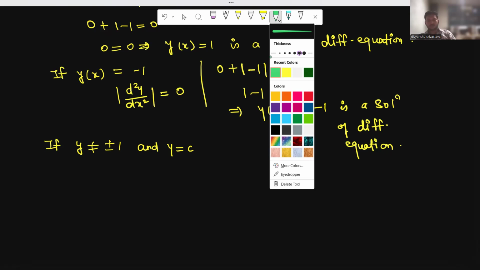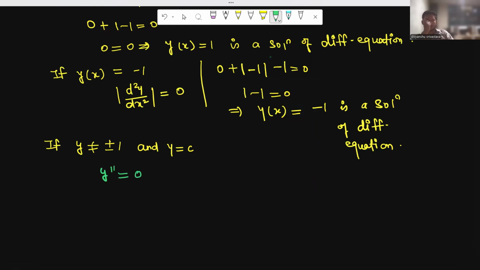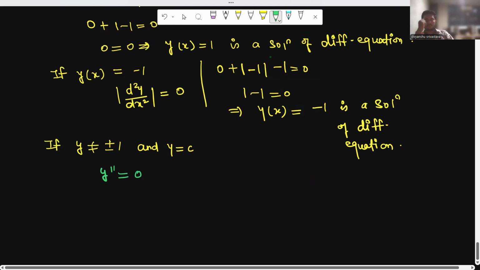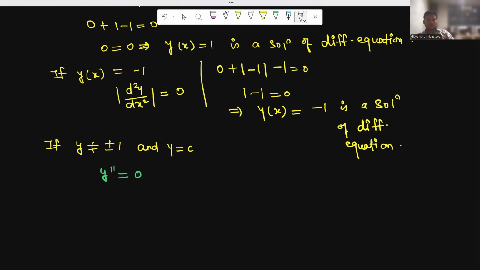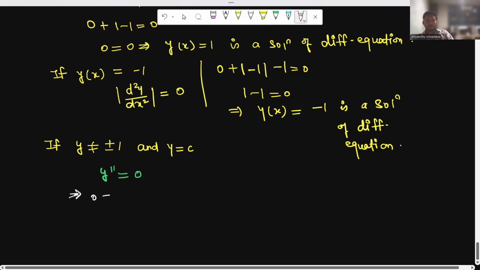If it is like this, then the double derivative y is equal to 0, and therefore it implies 0 plus mod of x minus 1 is equal to 0. Therefore, modulus of x is equal to 0 and x is equal to plus minus 1.